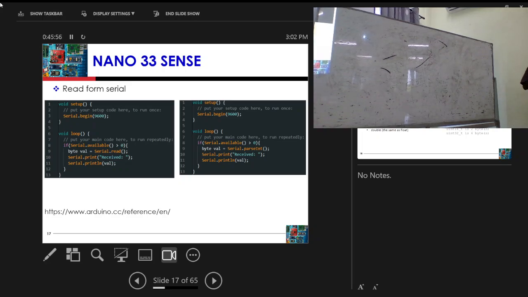One is what we are going to use here, the serial function. The serial function is just a UART, universal asynchronous receiver transmitter.